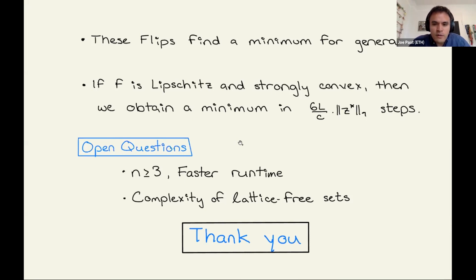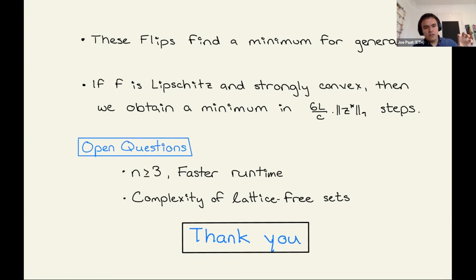I guess I wasn't very clear about this, but the point of this algorithm was really twofold. One is to try to build these lattice-free sets and see perhaps in higher dimensions we can use some of these ideas to come up with a new geometric algorithm for solving this minimization problem. But the other motivation was to come up with an algorithm that imitates gradient descent, because gradient descent is extremely effective in practice, even if the running times in theory are not the best.